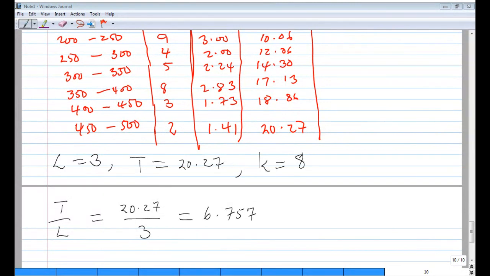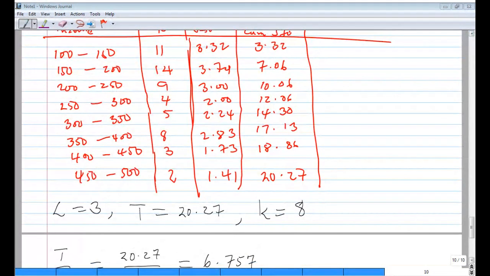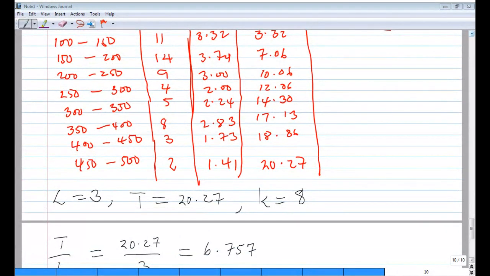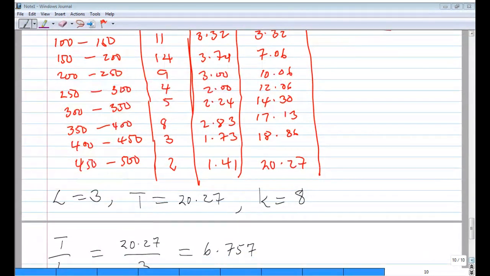Now, you have to compare this value with the value that is very close to it on the last column, number 4. Can you look for the value that is very close to this value? Which one is that? The second interval.